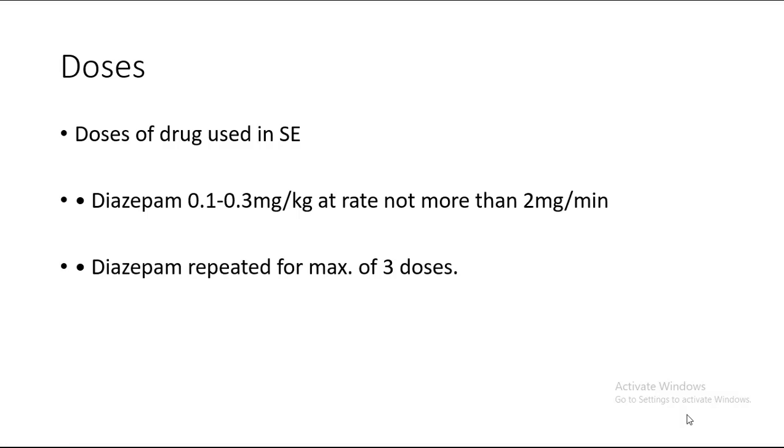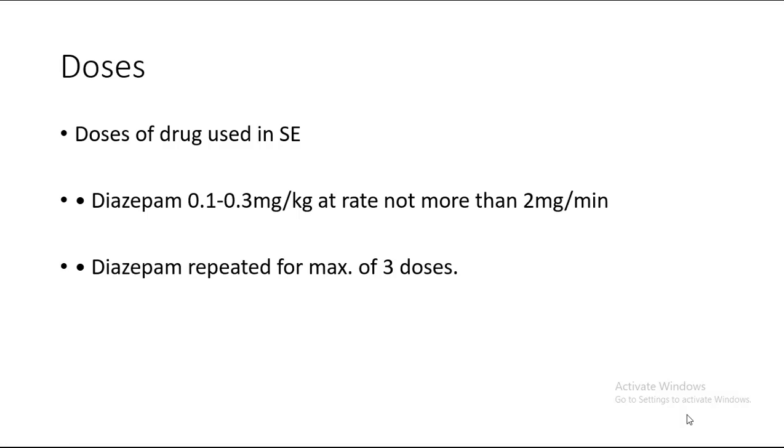Now, the doses of the drugs. As we mentioned, we have to start with diazepam. This is given through IV access with a dose of 0.1 to 0.3 milligram per kg. We all have to know these doses and the route of administration, because this is an emergency case. It should be given through IV infusion with a rate not exceeding 2 milligram per minute.